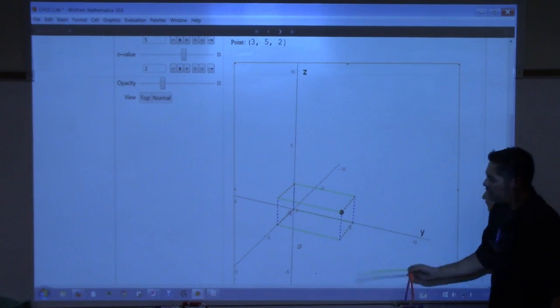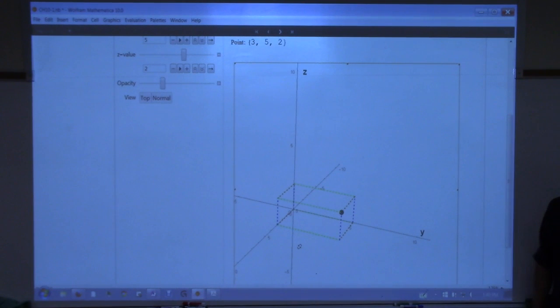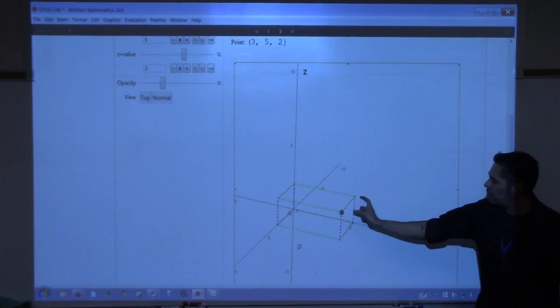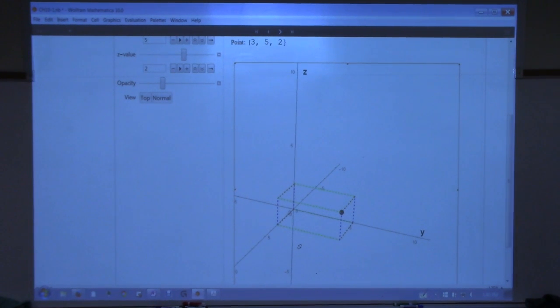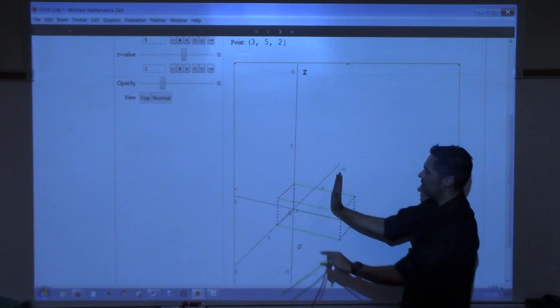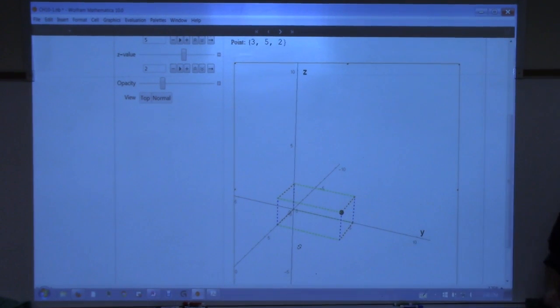How far away from the YZ plane is that point? 3 units, because we came out 3 along the x-axis, right? How far away from the XZ plane would that be? 5 units. So the XZ plane is like this wall on this side. Yeah? Agreed?